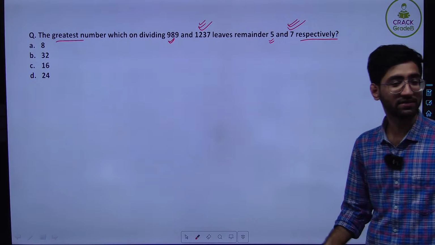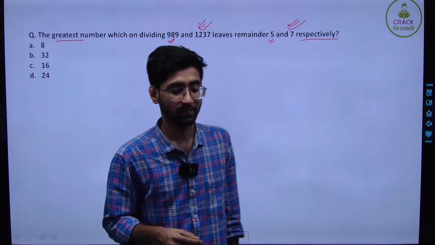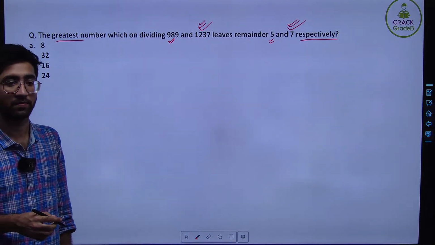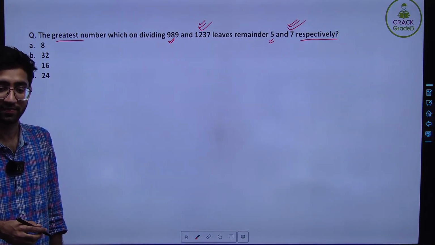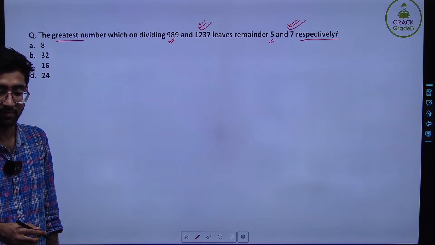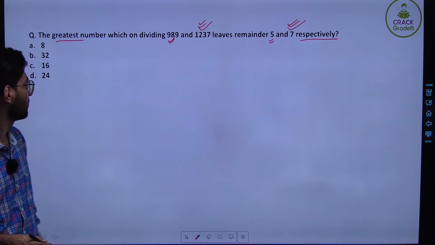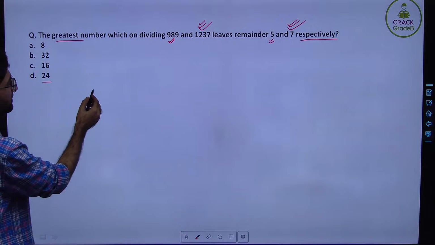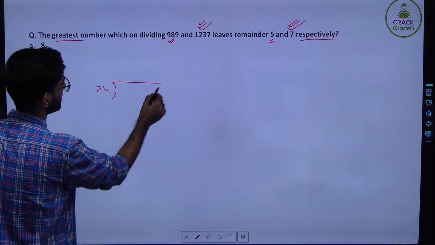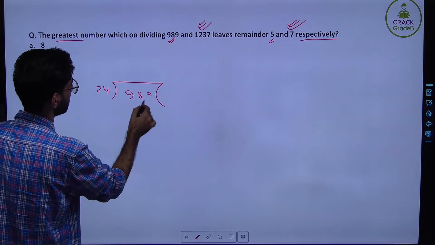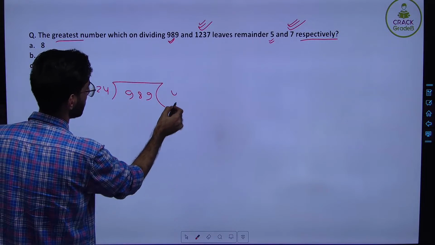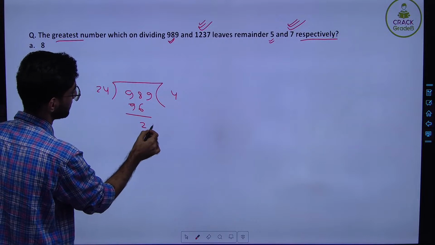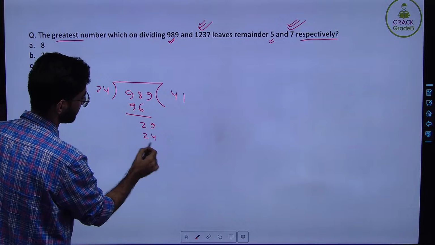What is the answer? Okay, let us check for option number D. If you divide 989 by 24, 24 into 4 will be 96, then it will be 29, so remainder is 5.